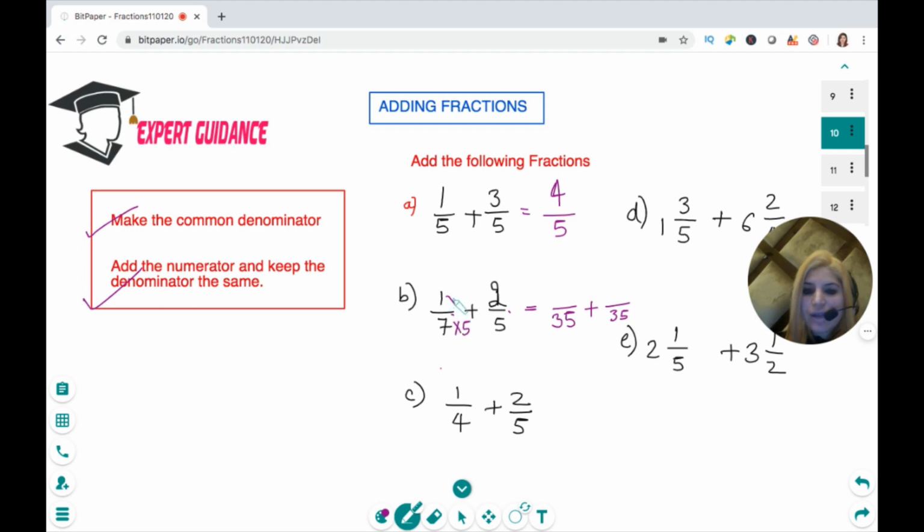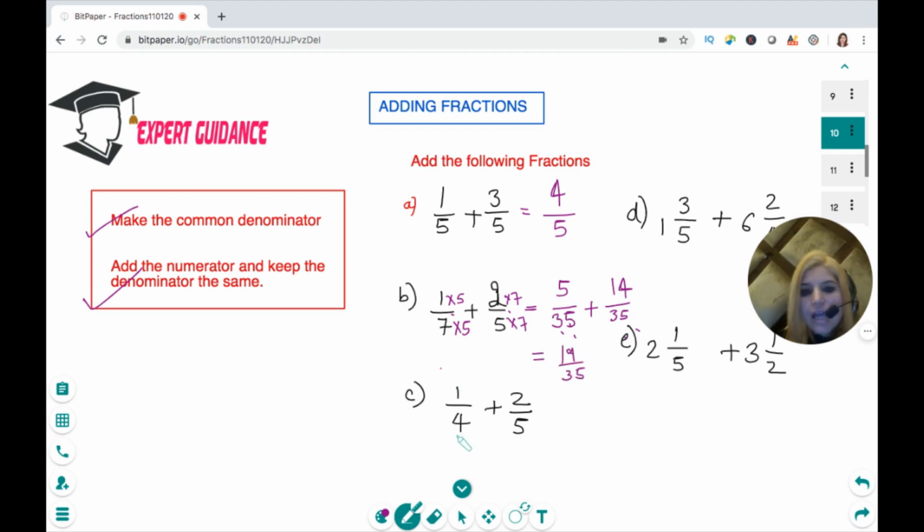So you'll also multiply the top by 5, and the 1/7 fraction will convert into 5 over 35. Similarly, 2/5 you need to multiply by 7. So the fraction will turn out to be 14 over 35. Now my denominators are the same, so I'll just add the numerators. So that becomes 19 over 35.